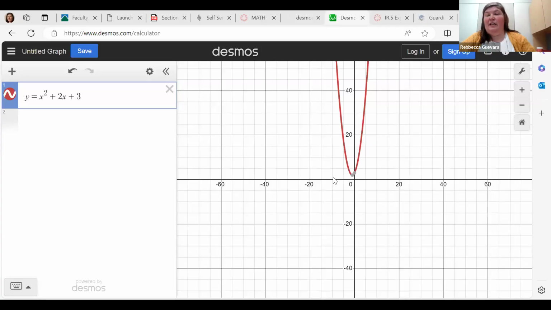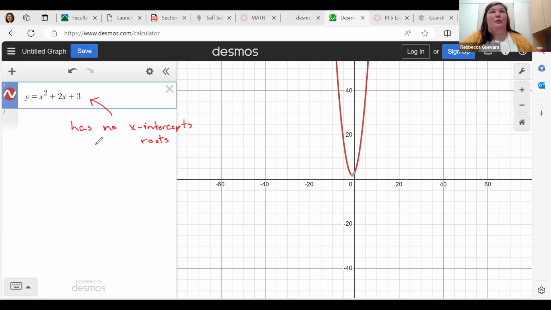But this is another one, if we graphed it, once again, we see that it does not cross the x-axis. So this has no, like we said before, x-intercepts. So we call those x-intercepts roots in the real numbers.